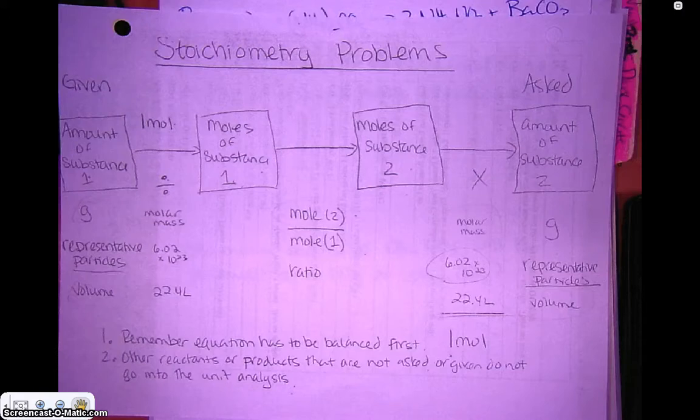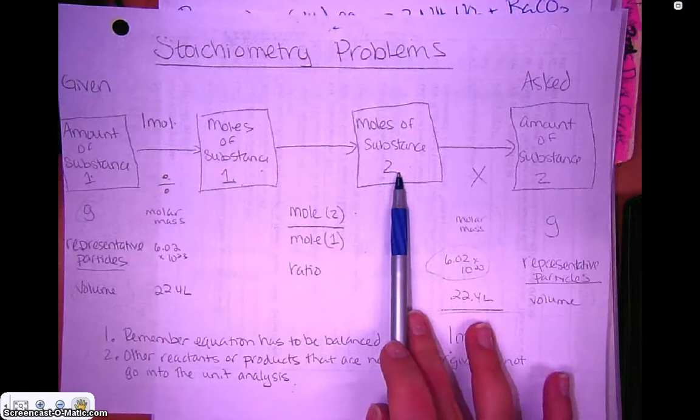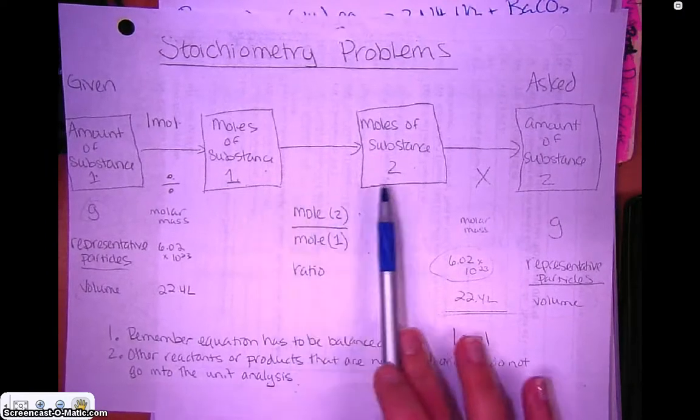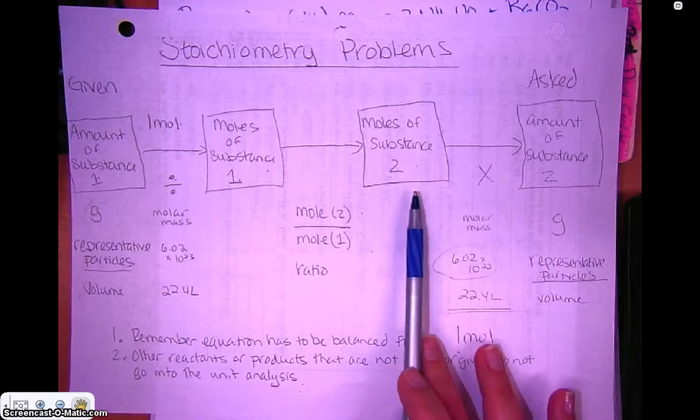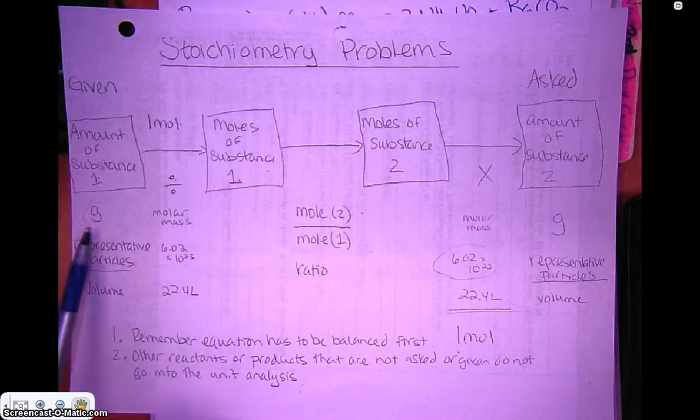So far we have just been doing very simple problems where we have been going from moles of one substance to moles of another substance, and that is relative amounts of things. But we learned in Unit 5 that we can measure amounts in different ways. We can measure the amount of a substance in grams, in representative particles, and in volumes at STP.